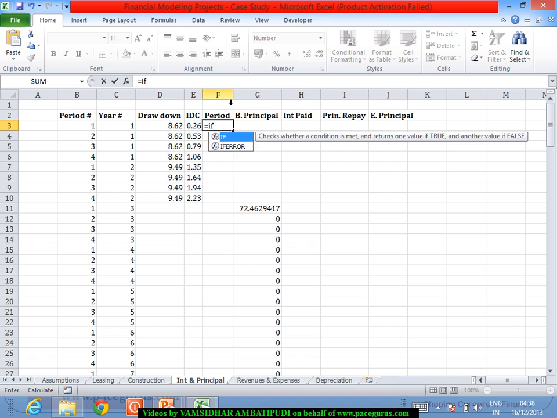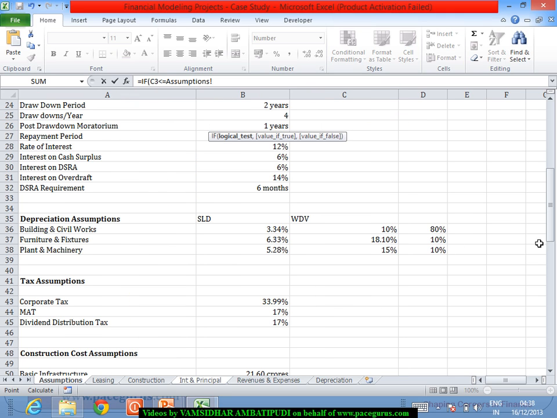So if the year number is less than or equal to the drawdown period, I will probably write it as D, meaning it's a drawdown.